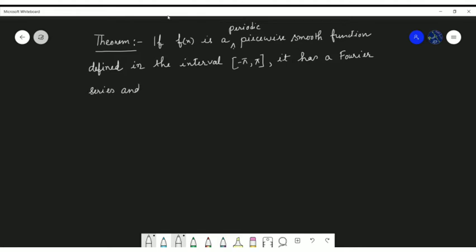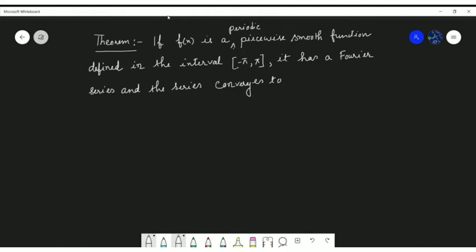and the series converges to, means if f(x) is a periodic function which is piecewise smooth, defined in the interval from minus pi to pi.